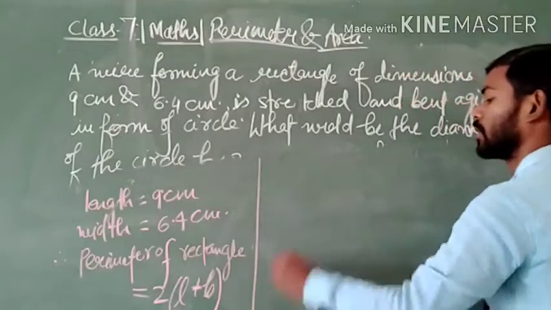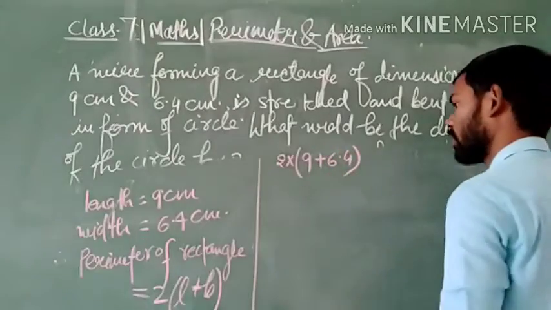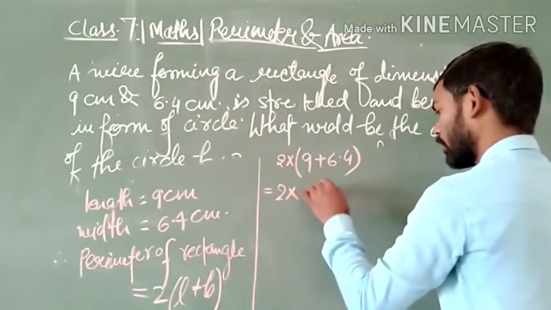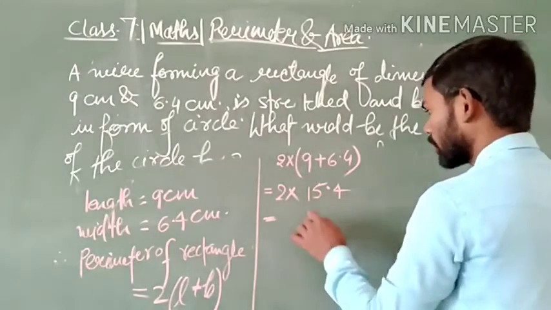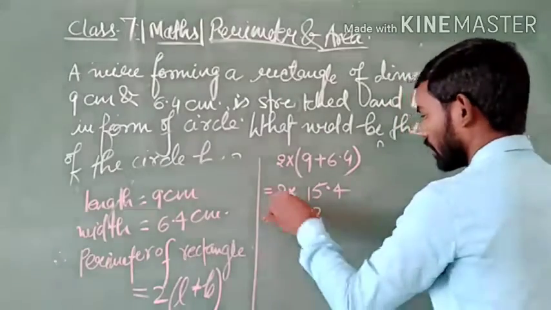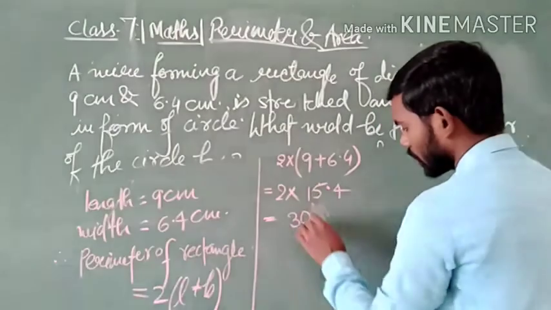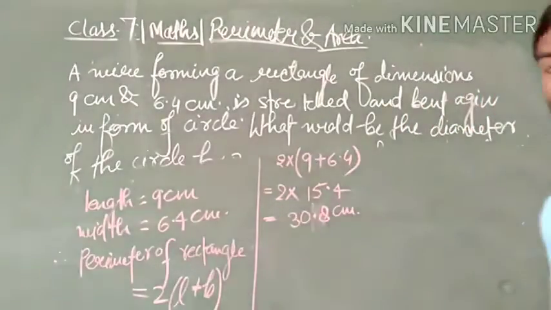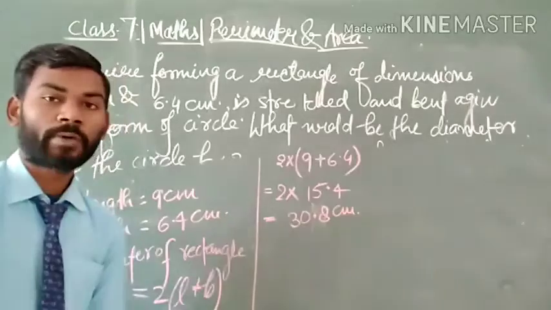We shall get 2 multiplied by (9 plus 6.4). So it gives us 2 multiplied by 15.4. And when we solve, we get 2 fours are 8, 2 fives are 10, 2 ones are 2 and 1, 3. That means it will be equal to 30.8 centimeter.